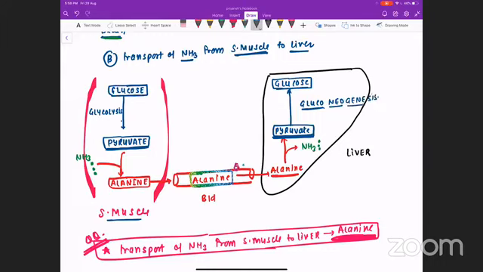Liver has the capability of doing gluconeogenesis. And this glucose can be sent back via blood all the way to the muscle for energy purposes, if the muscle requires more energy. So this entire cycle is called the glucose-alanine cycle.